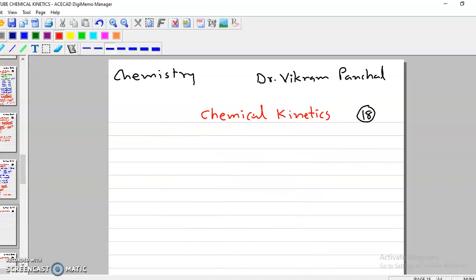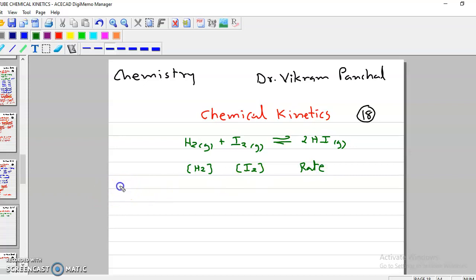Now we will see another example in which the order of reaction will be different, because here we are taking two different reactants, hydrogen and iodine, which will give HI. In this case, we take different concentrations of hydrogen and iodine to find out the rate of reaction.